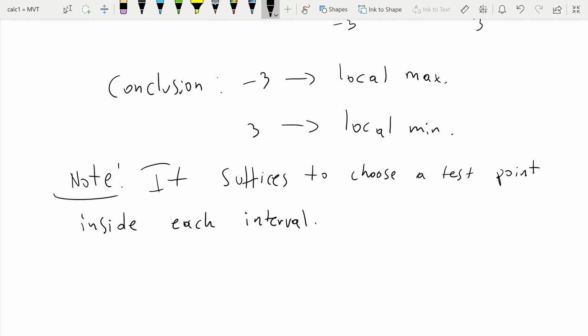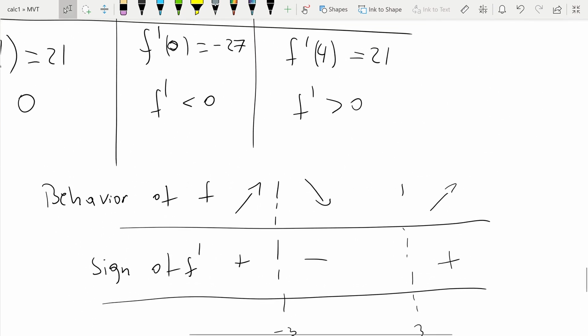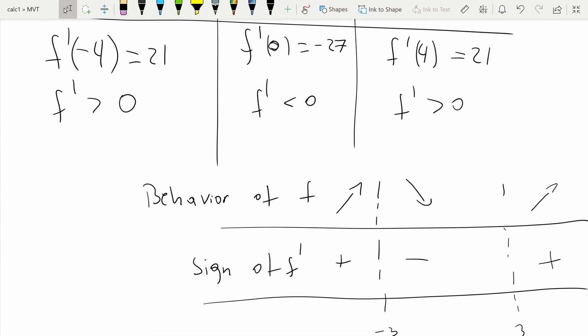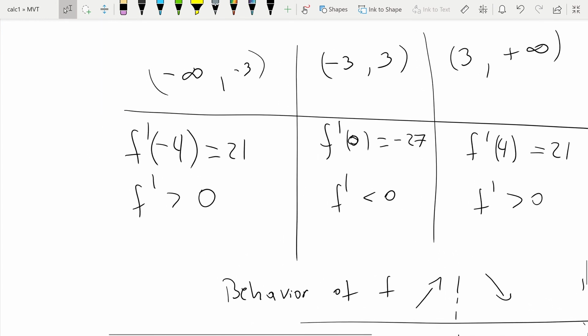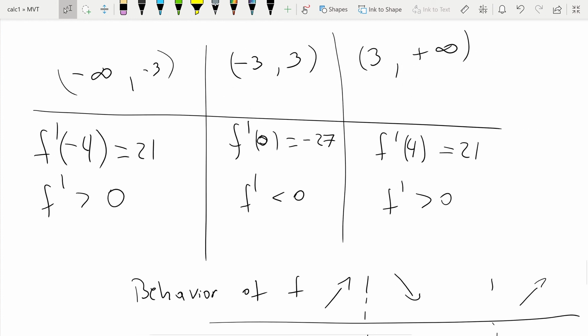So we just need to pick one per interval. Here we have 3 intervals, and so we pick a point inside each one of them, and we look at the sign of f prime there. Again, the sign of f prime remains unchanged in any of these intervals determined by the critical points.